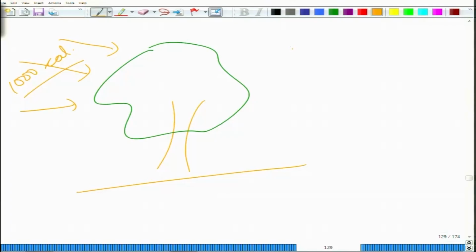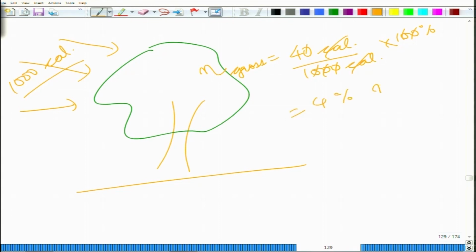So, you will also be losing out some amount of energy. Now, suppose this tree got 1000 calories of energy and it was able to fix 40 calories through the process of photosynthesis. So, in this case we will define the efficiency of gross production as 40 calories divided by 1000 calories times 100%. So, here we will have a 4% efficiency, which is the gross efficiency.